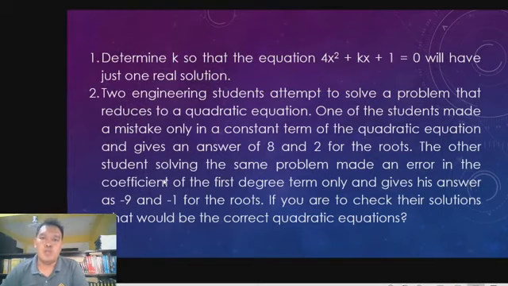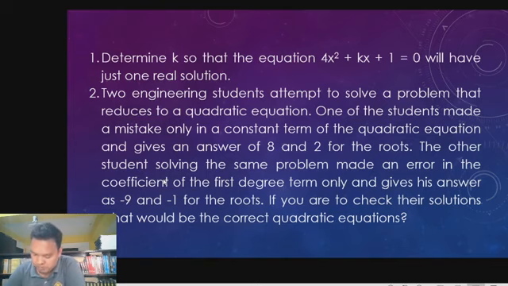One of the students made mistakes only in a constant term of the quadratic equation and gives an answer of 8 and 2 for the roots. The other student solving the same problem made an error in the coefficient of the first degree term only and gives his answer as negative 9 and negative 1 for the roots. If you are to check their solution, what would be the correct quadratic equation?